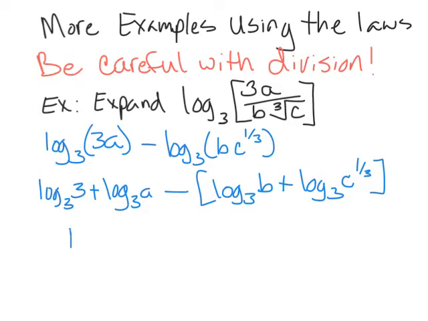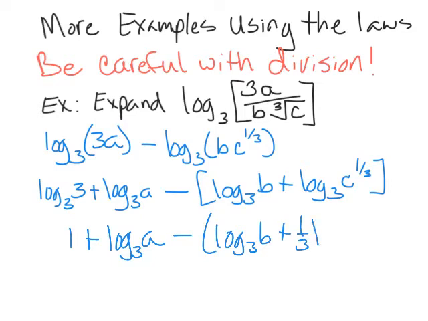So it's 1 plus log to the base 3 of a minus log to the base 3 of b plus 1/3 log to the base 3 of c. You can leave your answer like that, or if you wanted to eliminate the parentheses, you would distribute the negative, and the first term would be negative, and so would the second term.